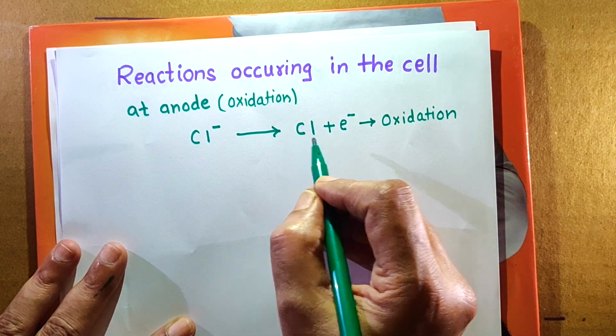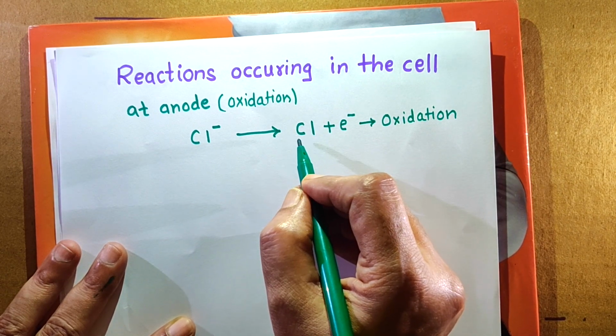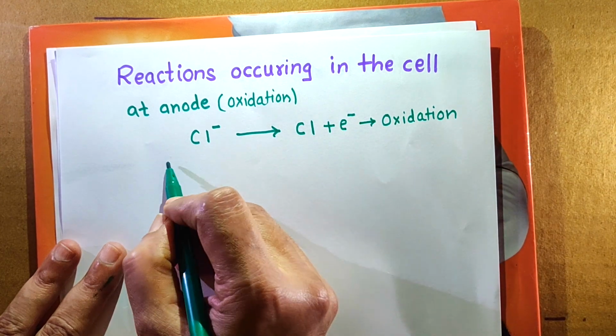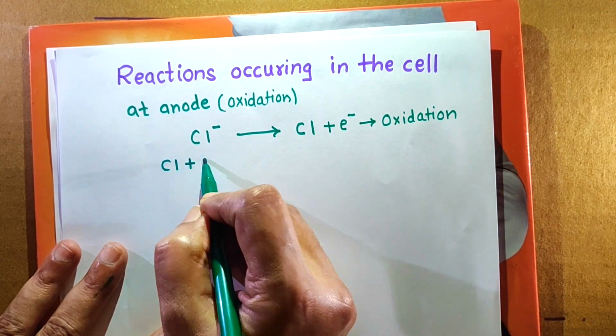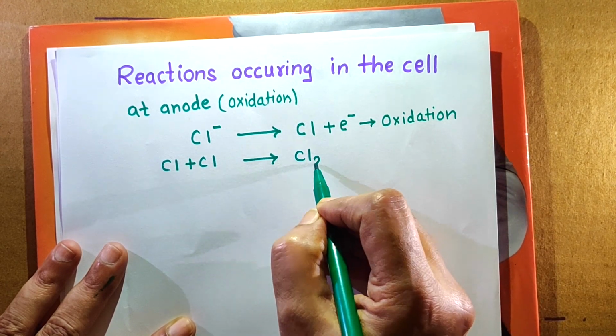Now remember, these Cl atoms which are produced cannot remain in the atomic state. These two atoms combine together to give Cl2 gas.